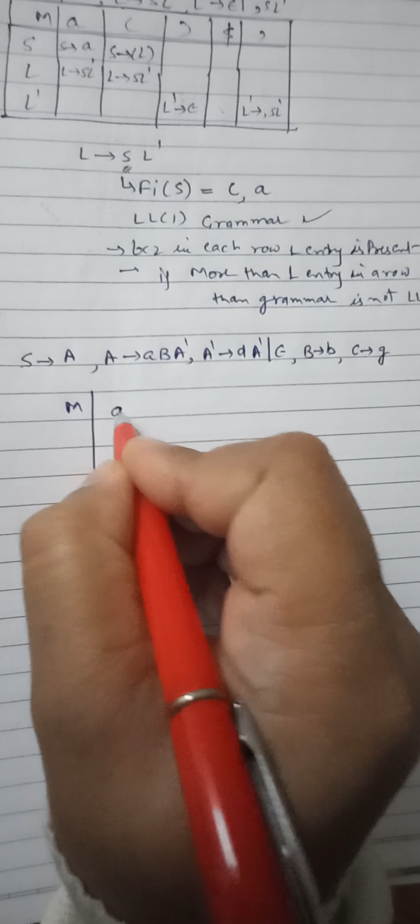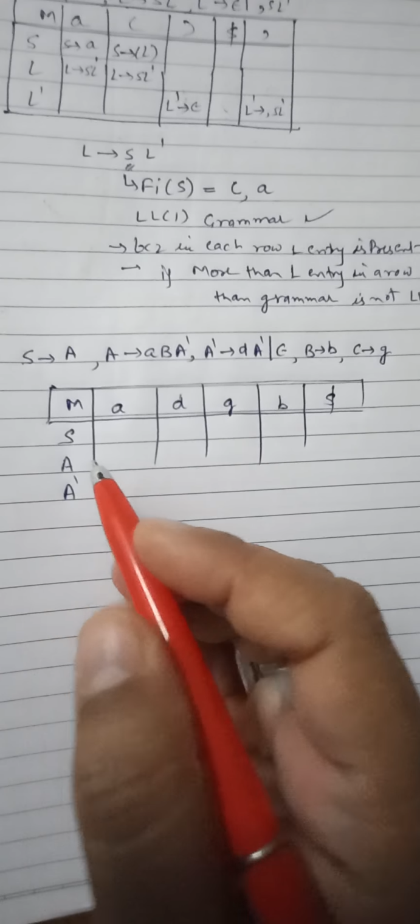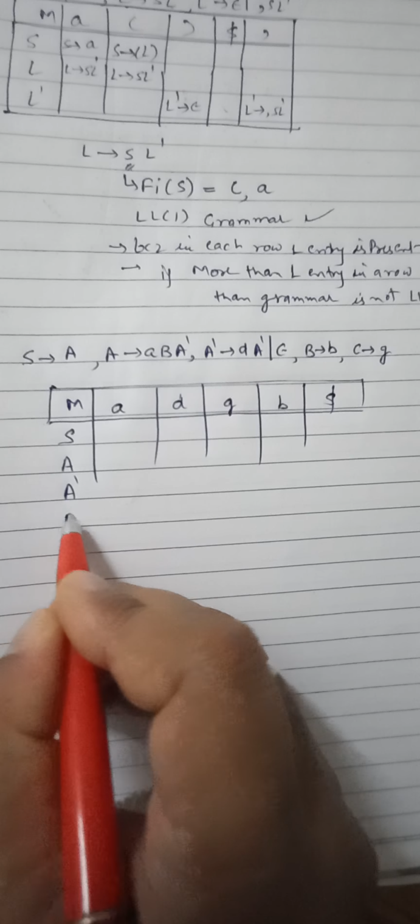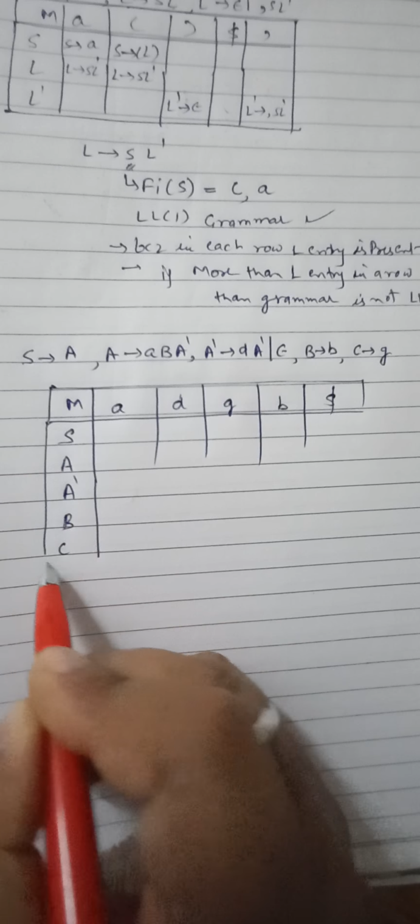We have a, d, g, b, and dollar. And what variables do we have? We have S, A, A dash, B, and C.